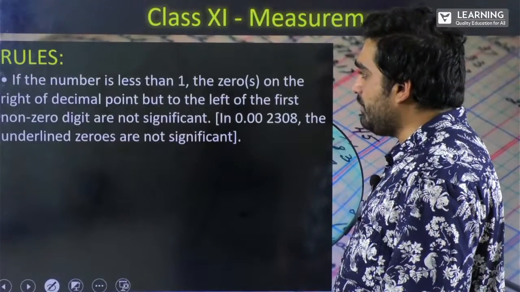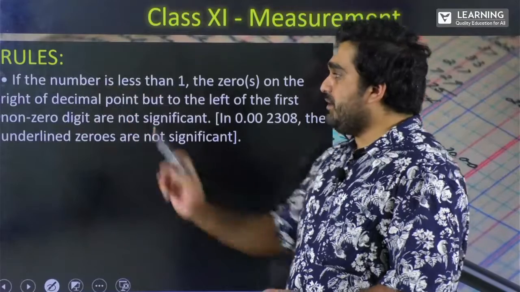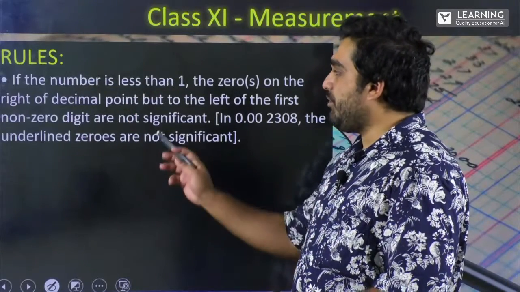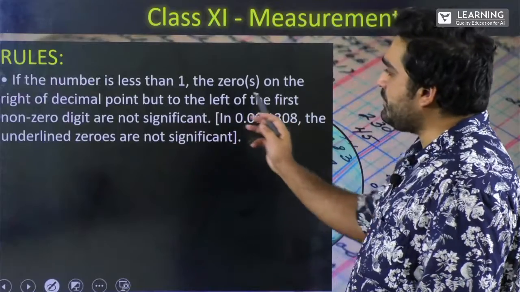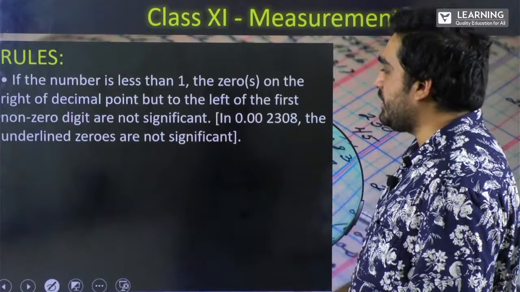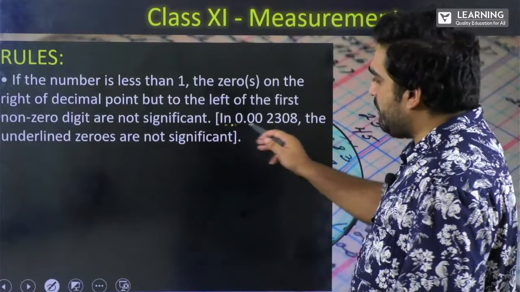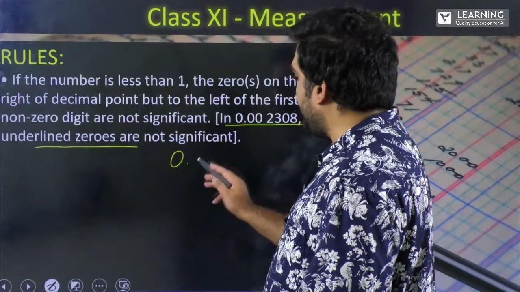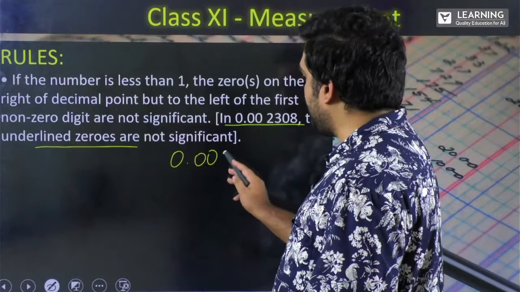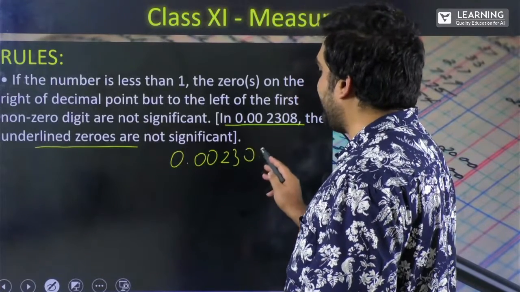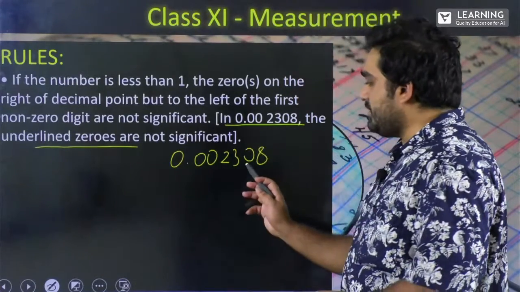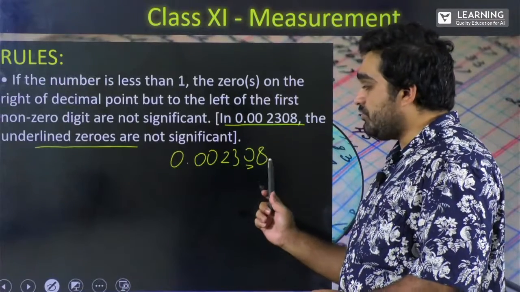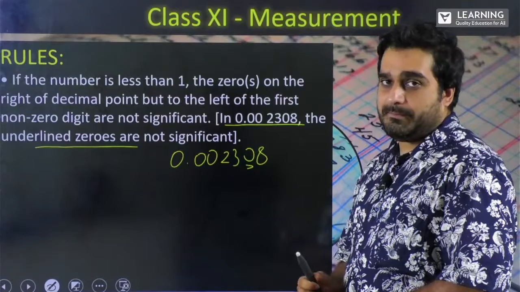Moving on, rule number 3. If the number is less than 1, the zeros on the right of the decimal point but to the left of the first non-zero digit are not significant. Don't worry, I'll show you how exactly it works. Taking the example 0.002308, this 0 is obviously significant because there are two non-zero numbers beside it.